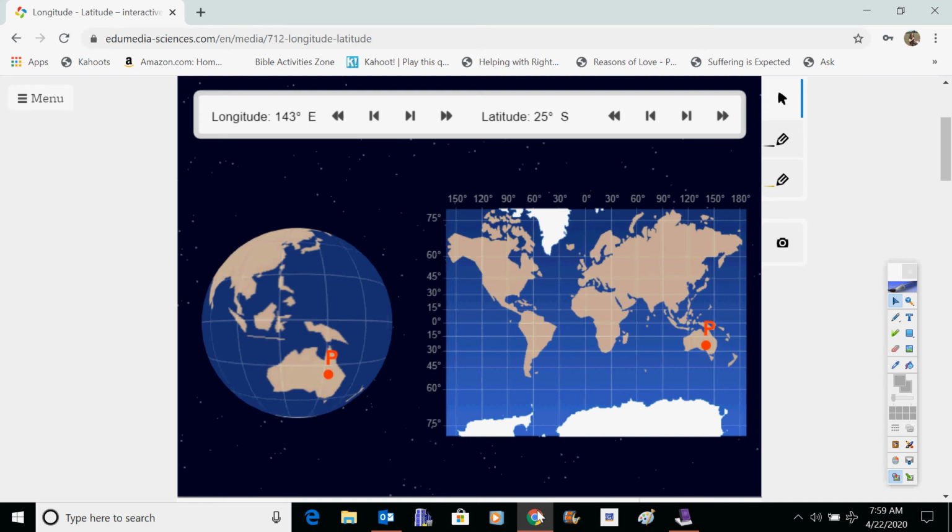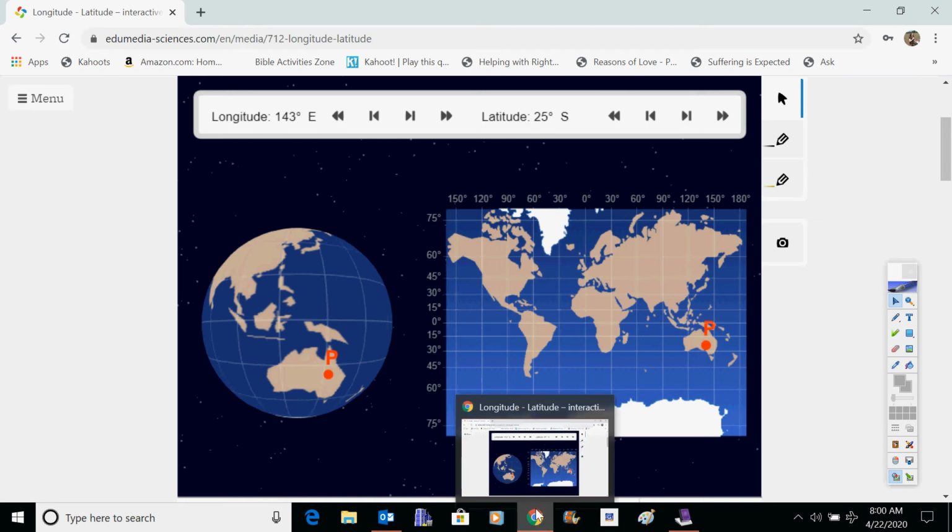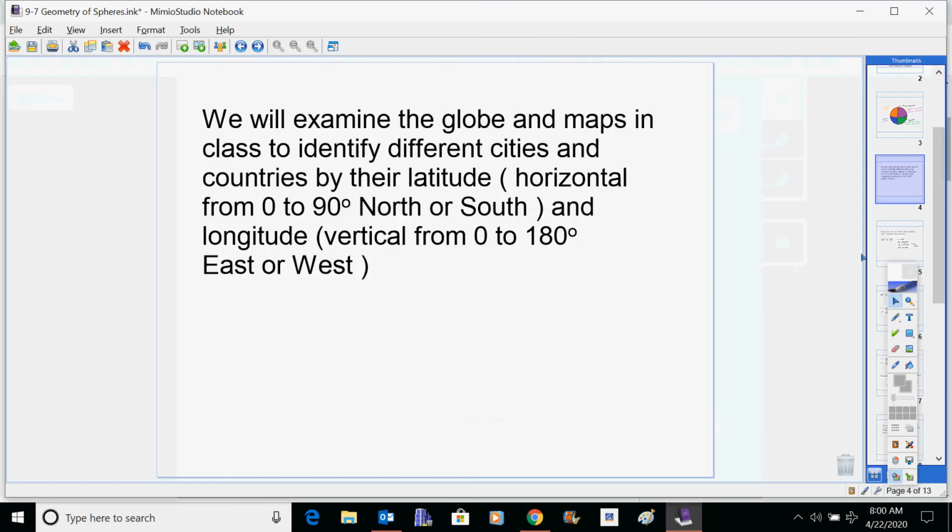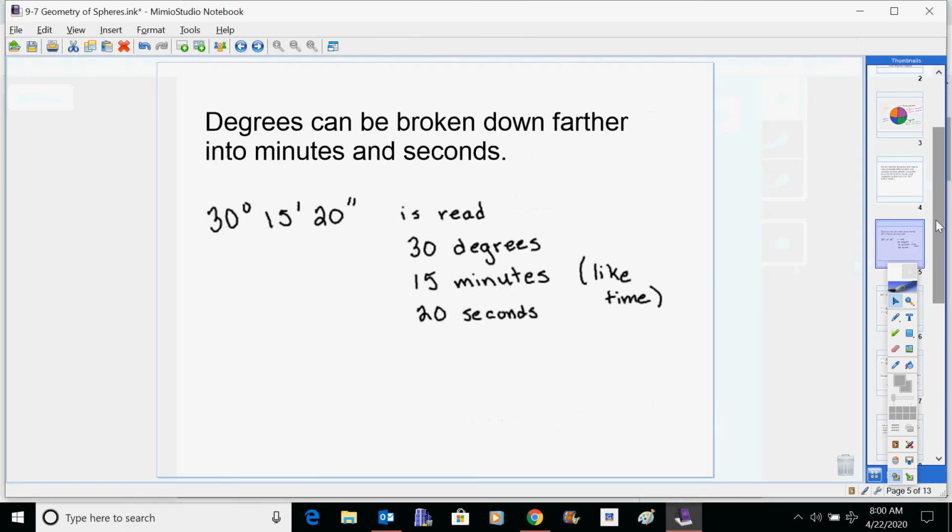So that's hopefully helpful to you. Sometimes your GPS systems on your phone will give you longitude and latitude, and what that's used for is that it can then calculate distances, and we want to take a look at how those distances are calculated. Yes, we use decimals a lot, like 30.6 degrees on our interactive map here, and that's becoming more and more standard. But degrees are not the finest measurement.